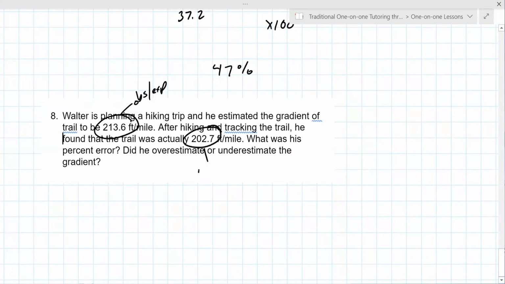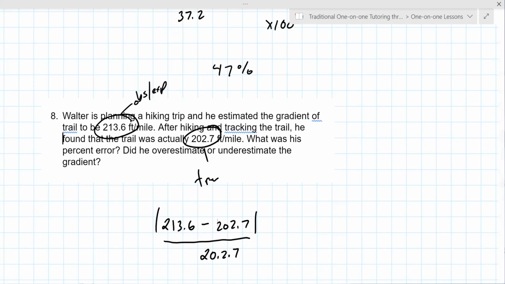So this is the true value. So you just have to read the language to figure out which one's which. So we have 213.6 minus 202.7. What you can't do is say, oh, it's always the smaller number, or it's always the larger number. You actually don't know. So you have to be really careful that you don't make that mistake here. So just entering this into the calculator.